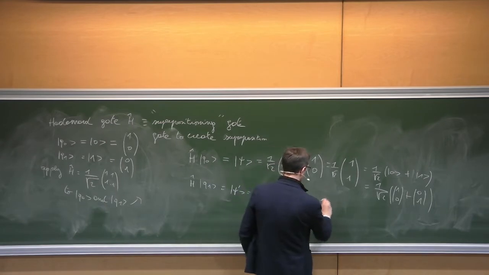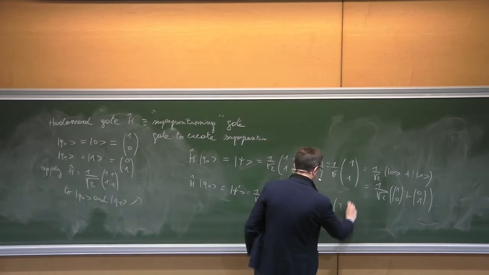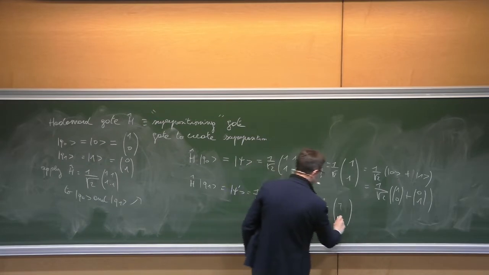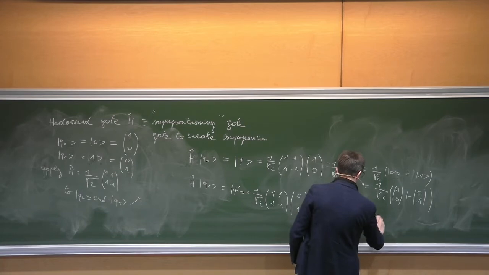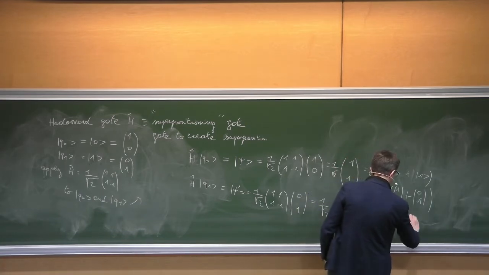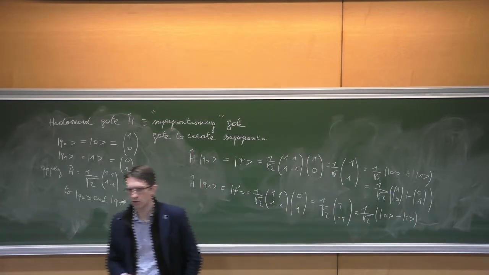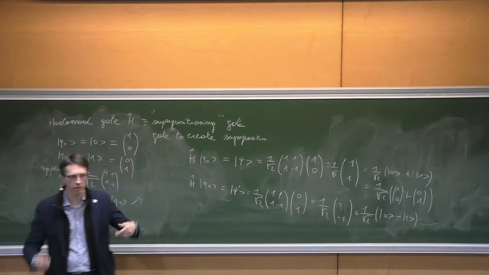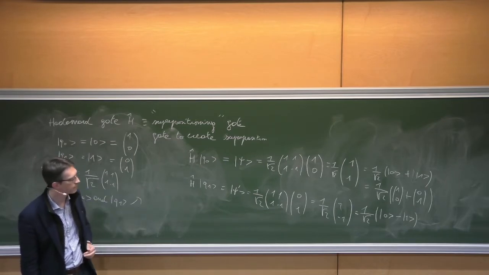And that is going to be 1 over square root of 2, (1, -1). So in this case, I would have 1 over square root of 2, (0 minus 1), which is also a superposition state of 0 and 1, but with the dephasing, with the minus dephasing.